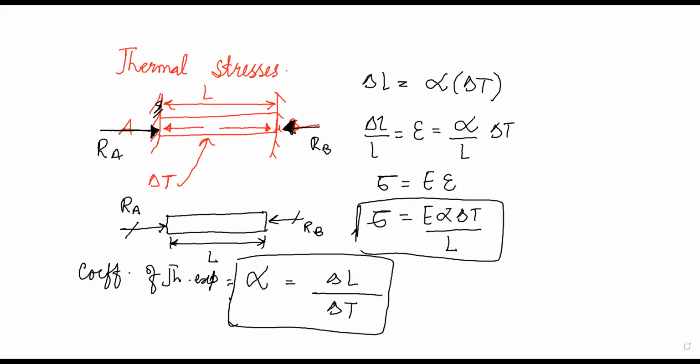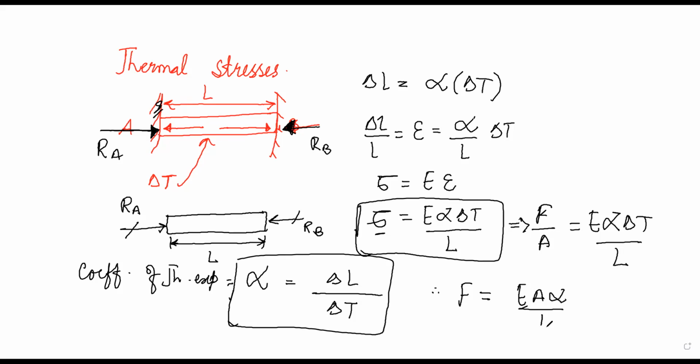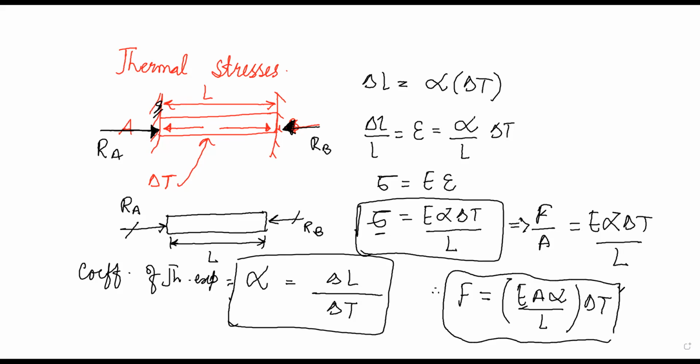We also know that stress is equal to force by area, that is R by A equals E alpha delta T. Therefore, the value of the force, or the reaction that is created, becomes E A alpha multiplied by delta T. This is something very important for us.